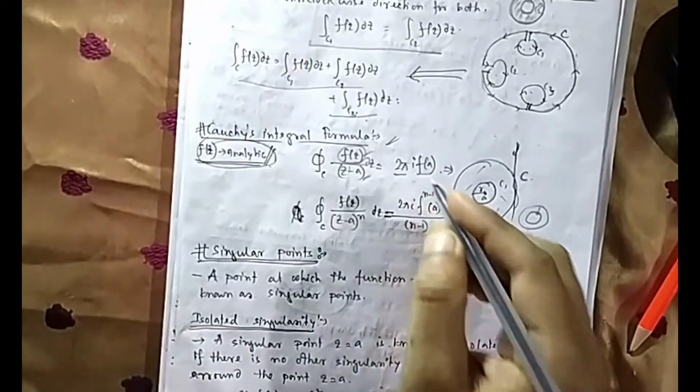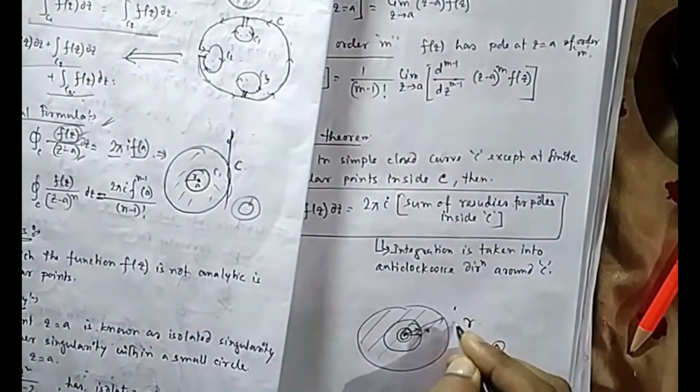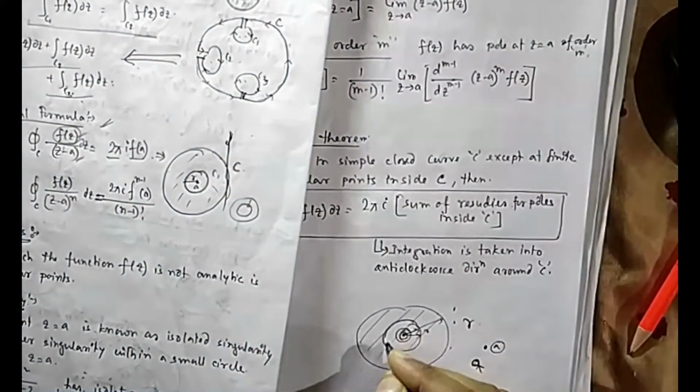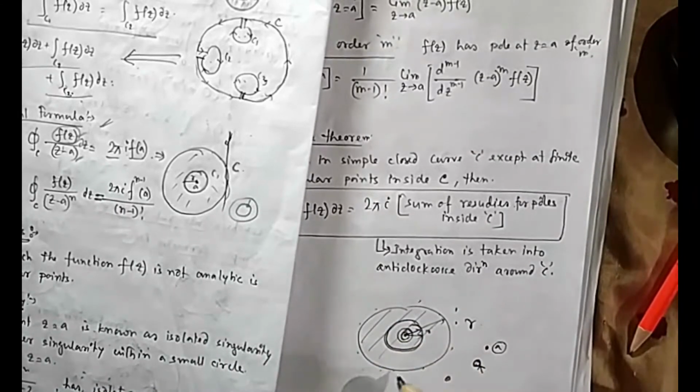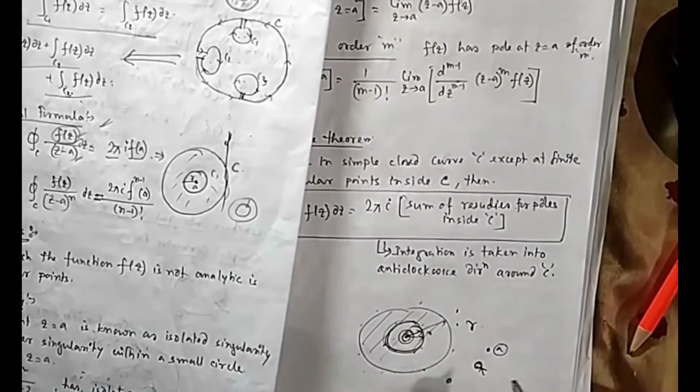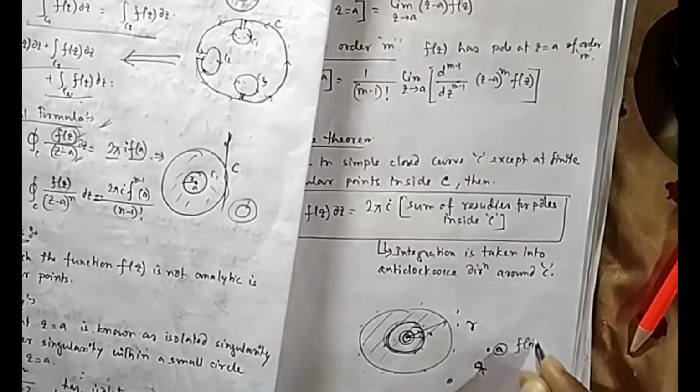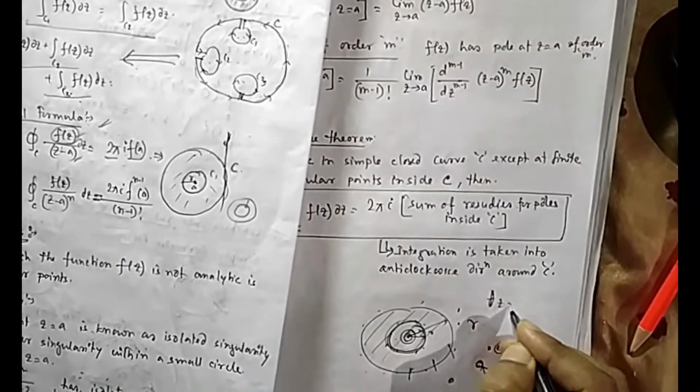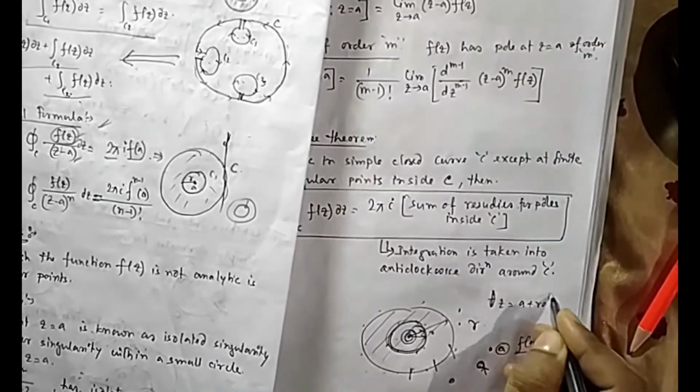And what is left is f(a). What is the value of that function? You give a boundary here, then you come close. Ultimately, as you come very close and reach a, you will get f(a), because you are taking the value of z as a plus r e to the power i theta.